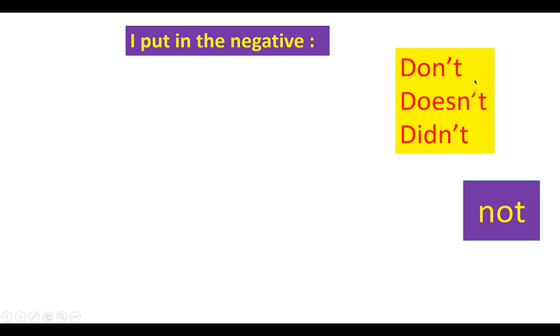It is the short form of do not. What is doesn't? It is the short form of does not. What is didn't? It is the short form of did not. Okay. If you want to write do not, it's correct. If you want to write does not, it's correct. And if you want to write did not, it's correct. Okay, no problem. Read this first sentence.